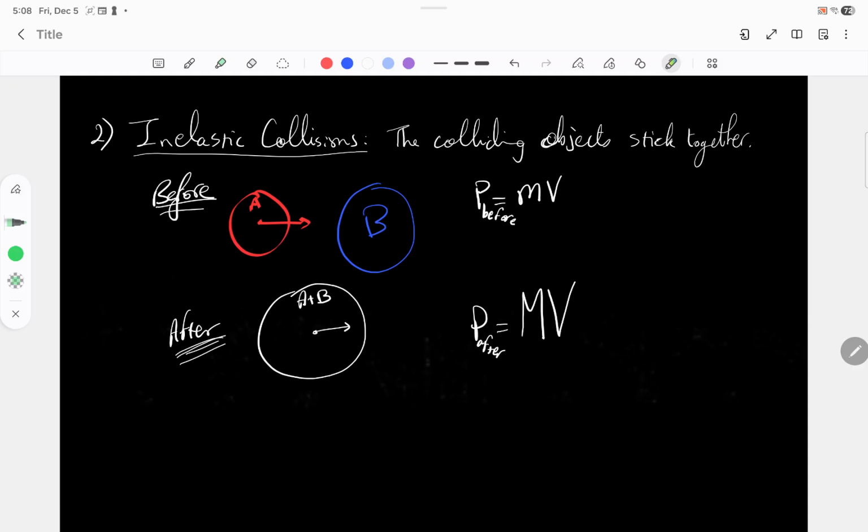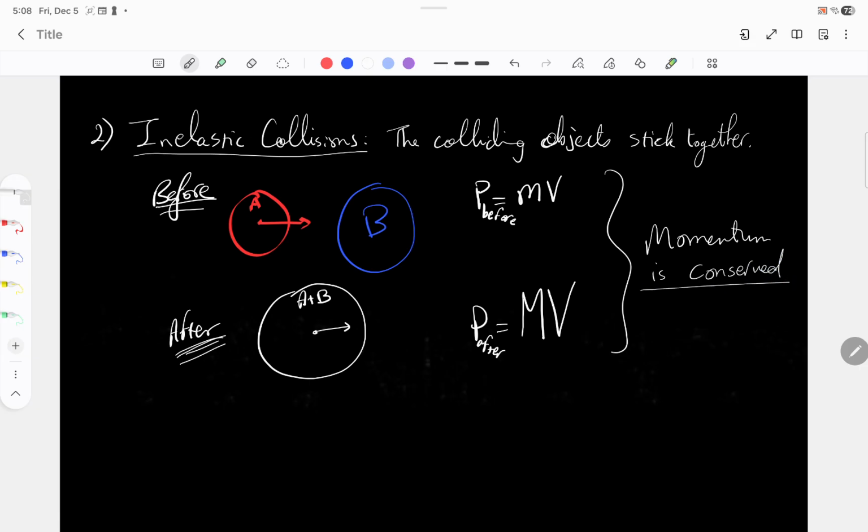So how is this interesting? How does this help us? Well, if we think about it for a moment, we're going to realize that given that momentum in a closed system is conserved, this means that the momentum before is equal to the momentum after.